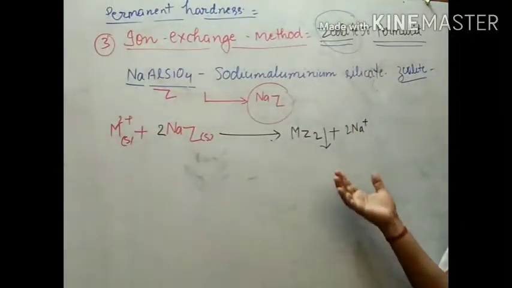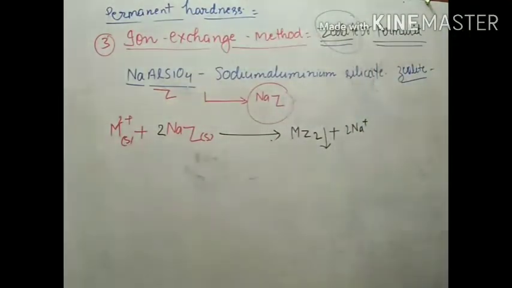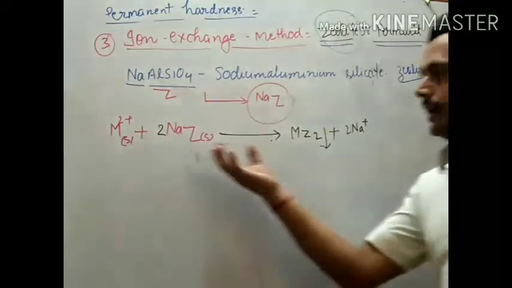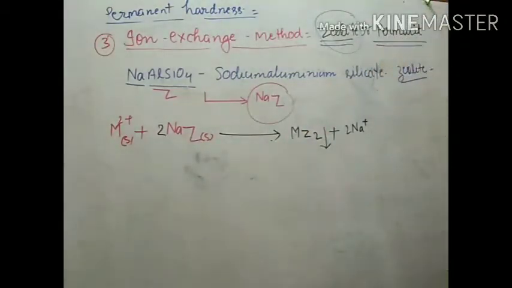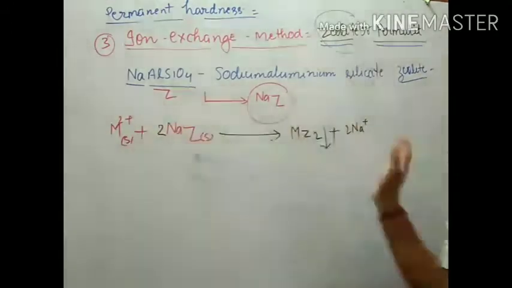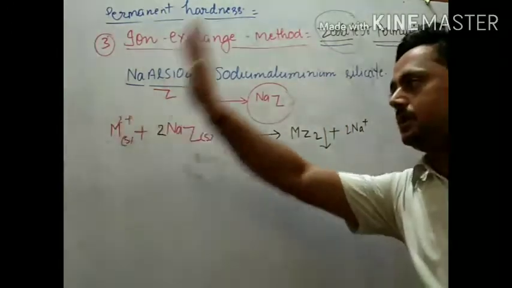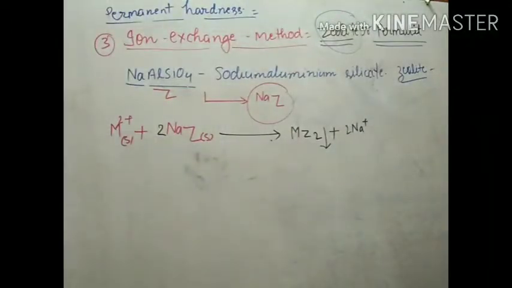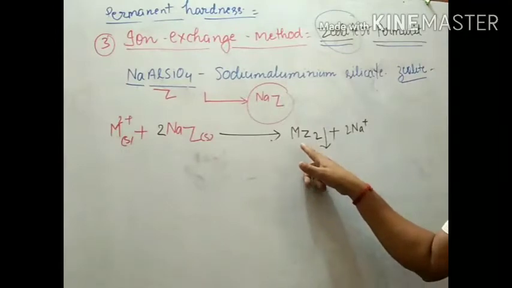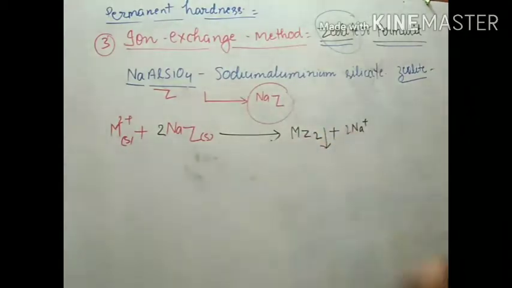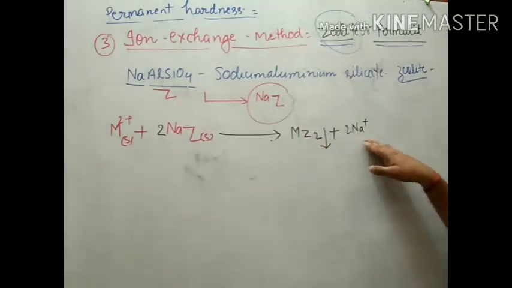We can say precipitate also, because it is insoluble. When NaZ is added to hard water, the hard water reacts and it forms a complex. Means NaZ forms a complex with calcium or magnesium ion present in hard water, and it forms the insoluble salt MZ2 and 2 Na plus.